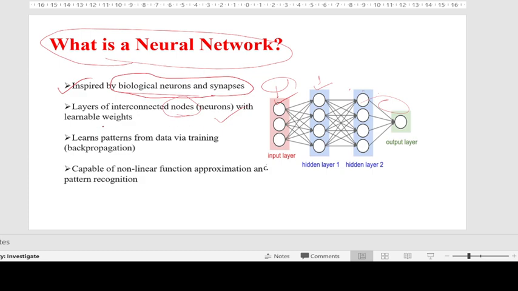A neural network has learnable weights. Every connection has a weight, which is the importance of that connection.